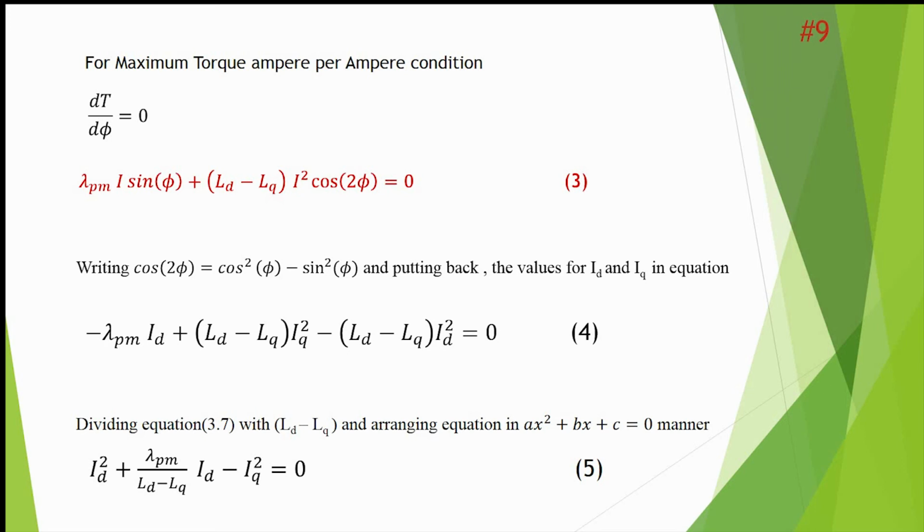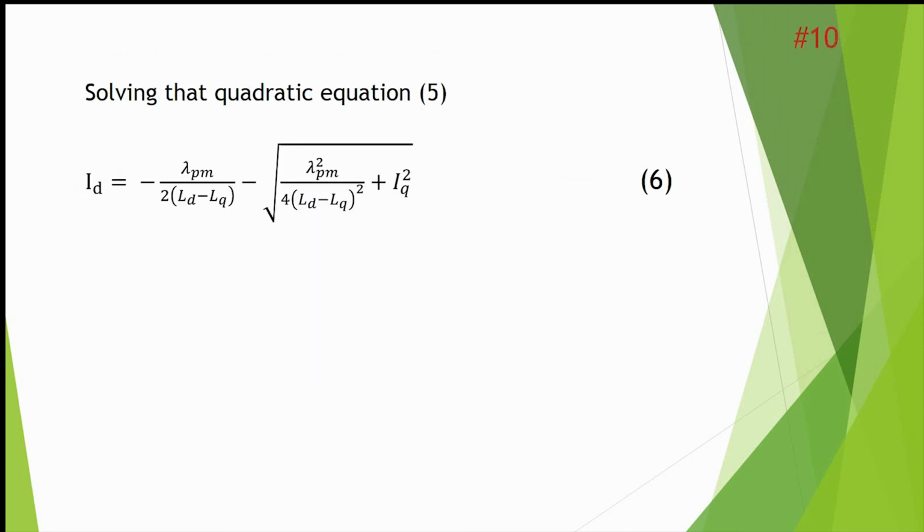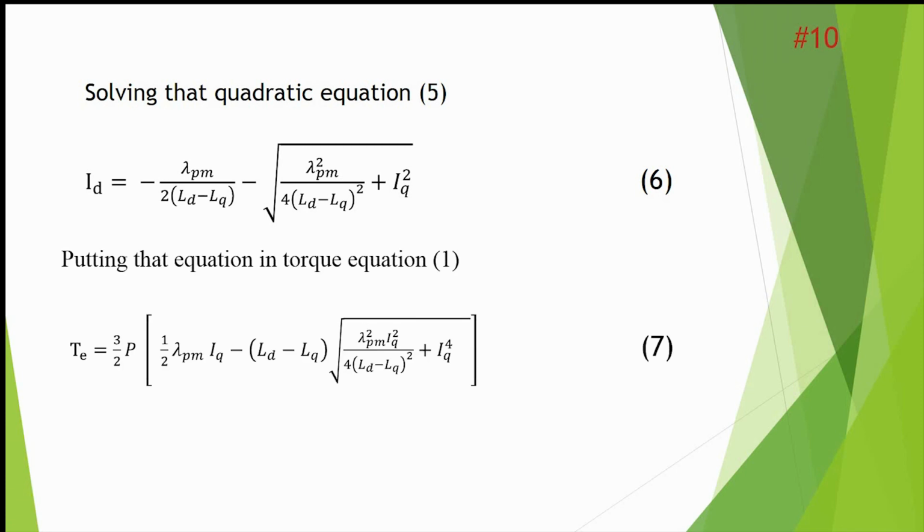To solve that equation, we apply the formula minus b plus or minus the square root of b square minus 4ac, divided by 2a. So we will get ID, and if we put ID in equation number 2, we get equation number 7.